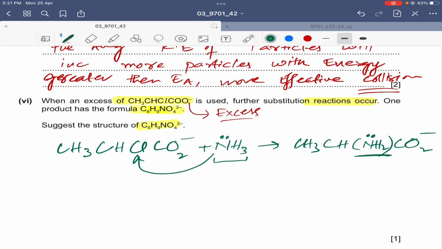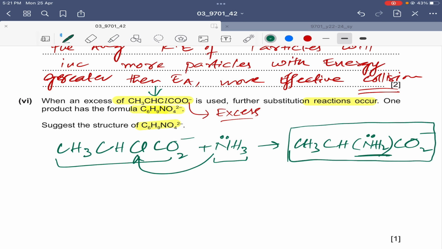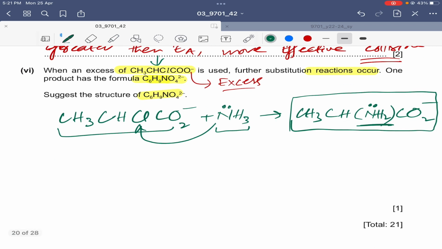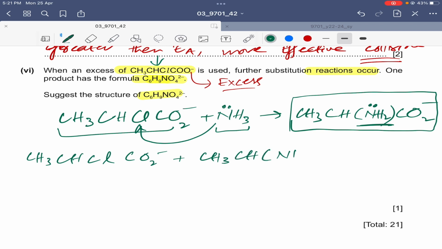And this is what they're saying, that when we use an excess of chloropropanoiodine, the product of this reaction 1 can act as a nucleophile, and this can further attack the chloropropanoiodine, and this would form this structure. So let's suppose we have this CH3CHClCO2-, and now the product of reaction 1 will act as a nucleophile, CH3CHNH2CO2-.